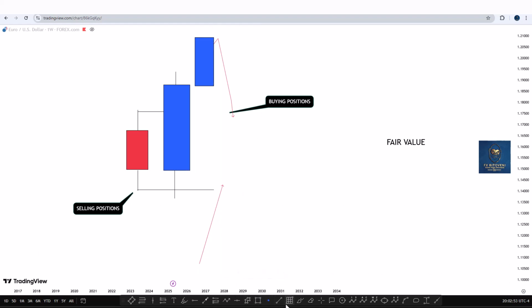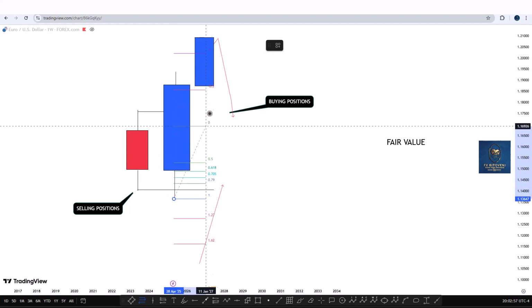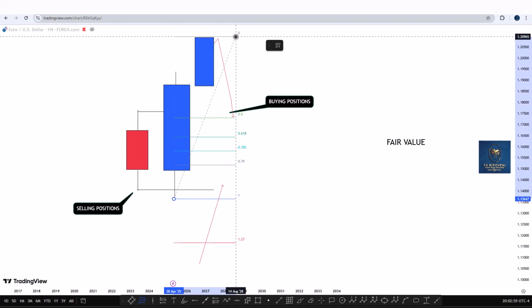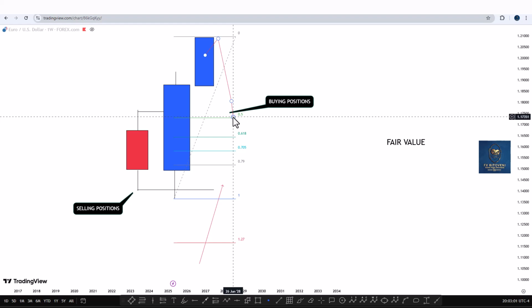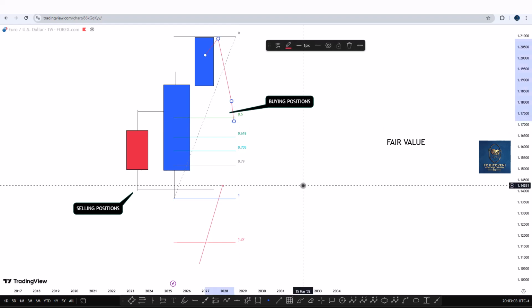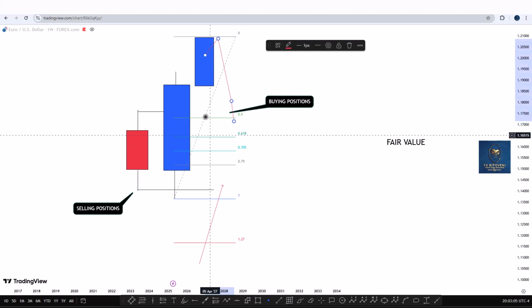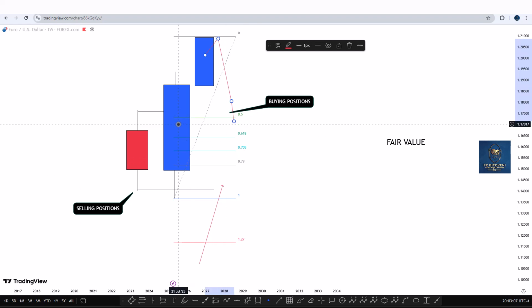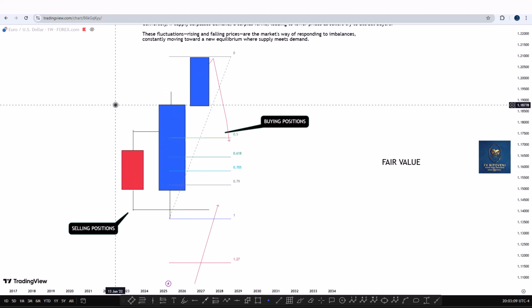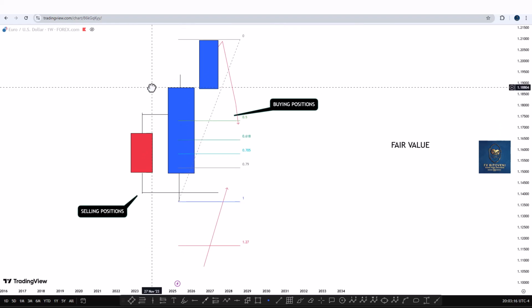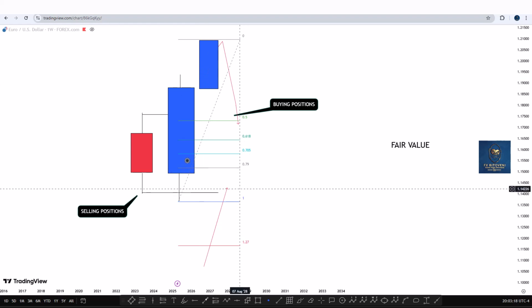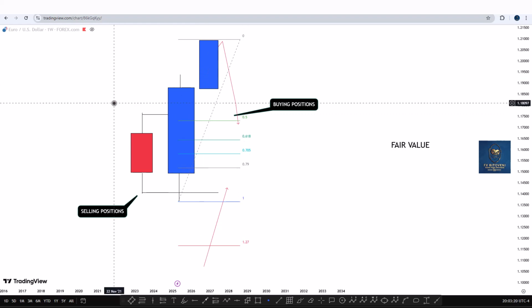So this is the beginning of understanding how ranges are created. If you focus on understanding this, you will develop anticipatory skills of what is likely to happen when you see this price action and you understand the theory, you believe it, you understand the concept.